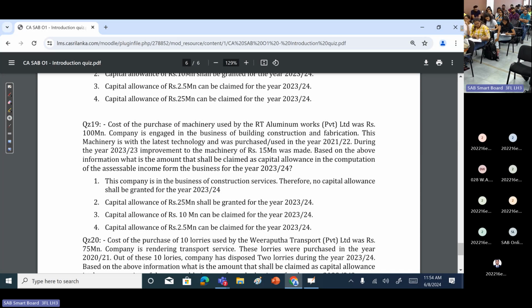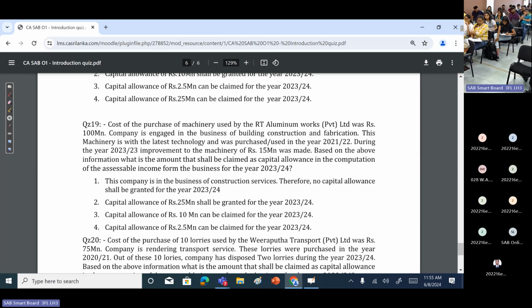In that particular year they have incurred 15 million improvement cost. How much they can claim? What is the written down value we have to consider? 60 or 80? It should be 80. Previous year written down value.